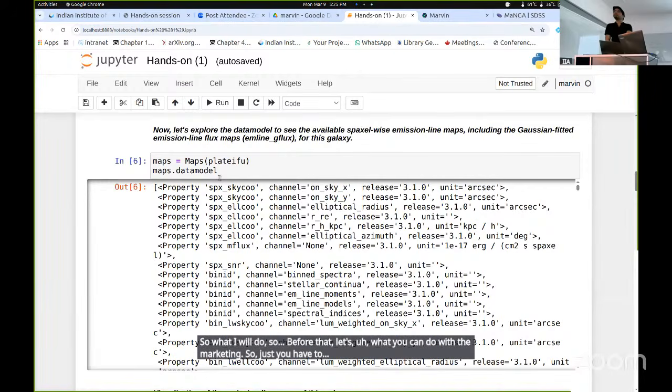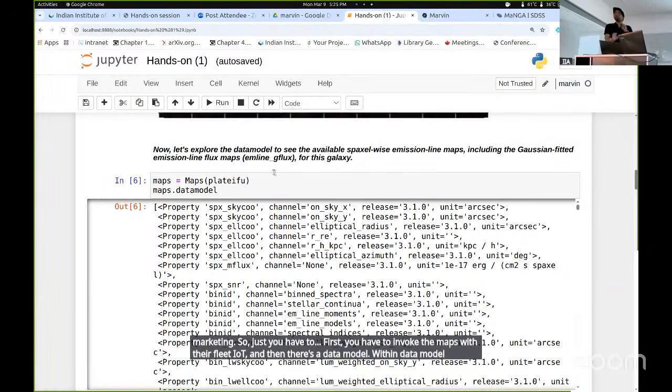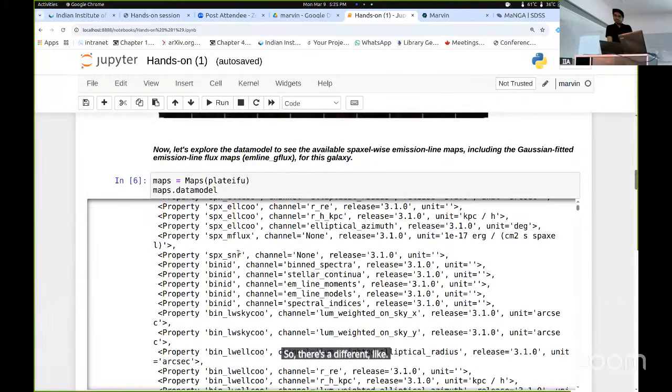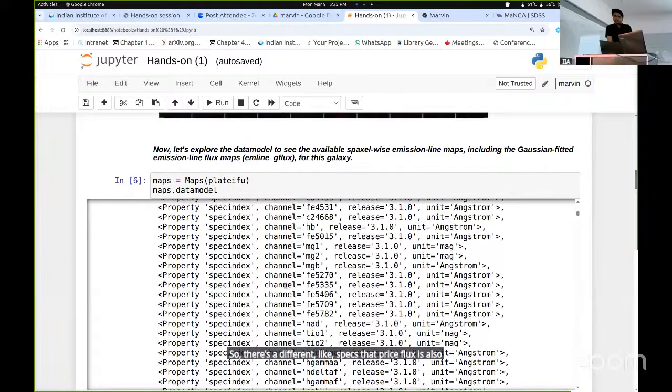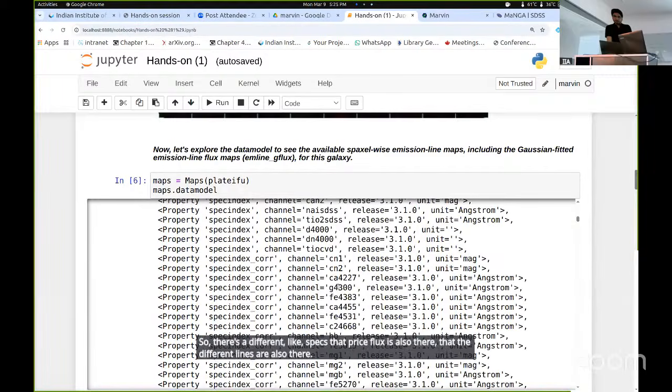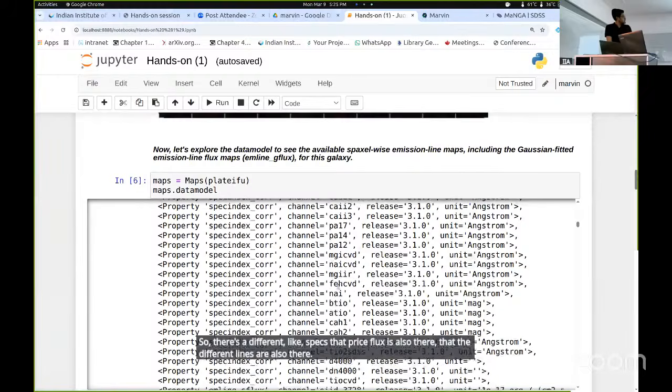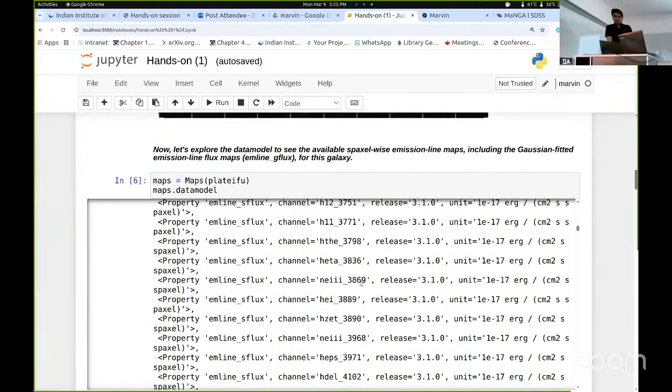First you have to invoke the maps with their plate IFU, and then there's a data model. Within the data model, for that pixel, you can choose whether you want the flux directly from that spaxel, or you want to fit a Gaussian and then get the flux. There are different spaxels, the flux is also there, and the different lines are also there. So yes, you can see that.